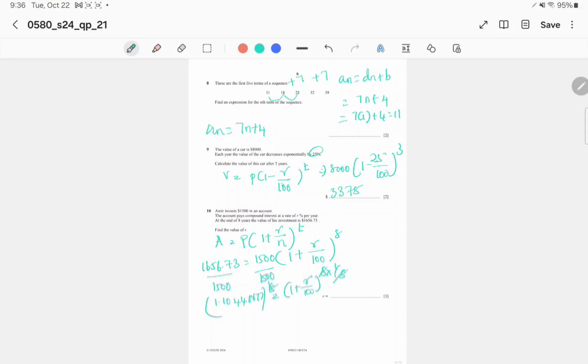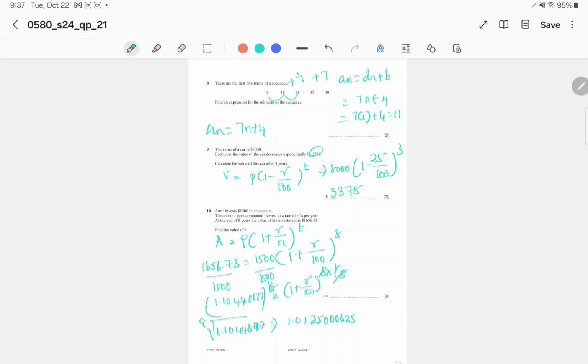So this will cancel. So taking the 8th root of 1.10448667 is around 1.01, sorry, 1.0125000625. This is the answer for this one.